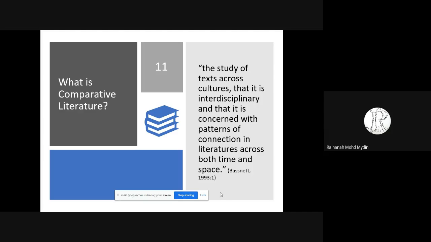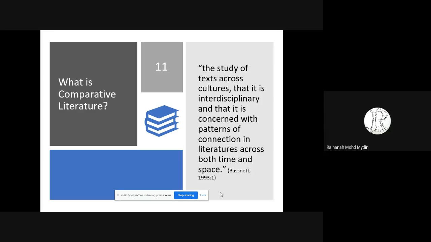Okay, so that's the problem with this definition. However, it does appear more inclusive. It doesn't have words like marginal or the other. If you remember from last week's definition, Stephen Tötösy's 1998 definition, the idea of marginality was brought in there, but Bassnett stops at across cultures.